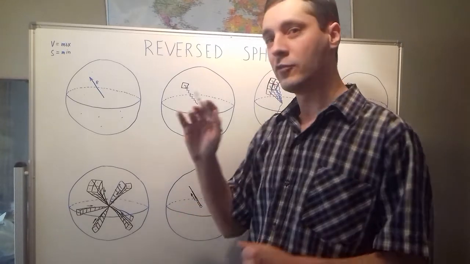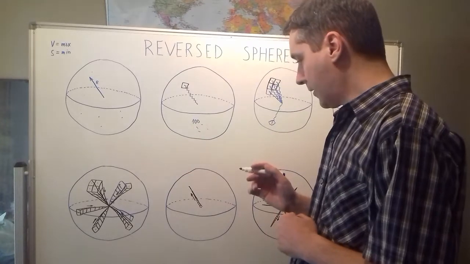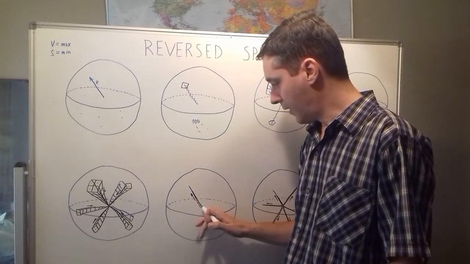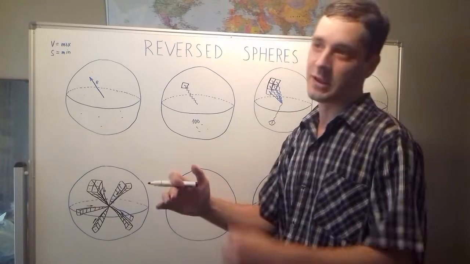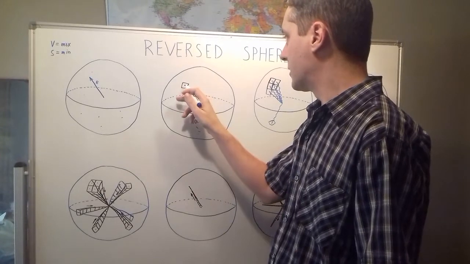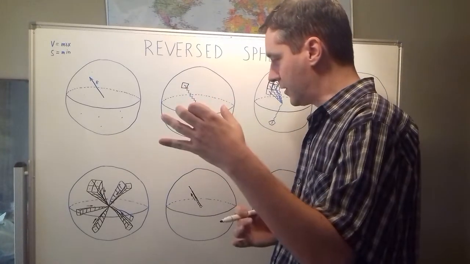But we have to do something with the center of the sphere also. And I have to take into consideration, if I have the center here, I have to put it on a surface, or at least at some distance. So for each of the surface points, I have a center. Now it's in reverse.